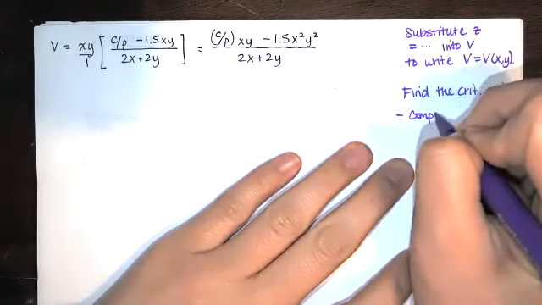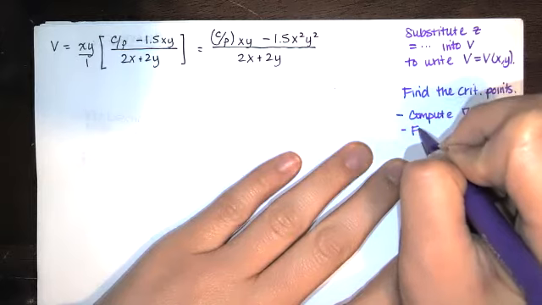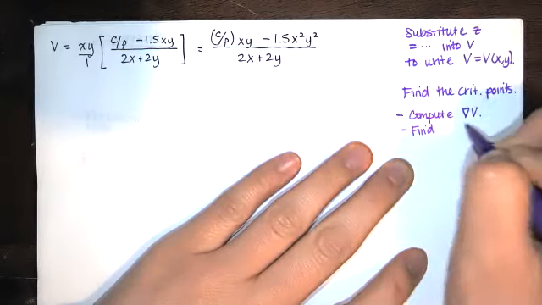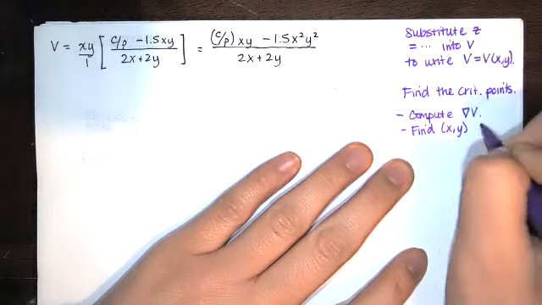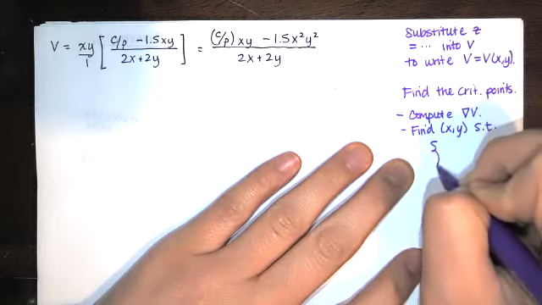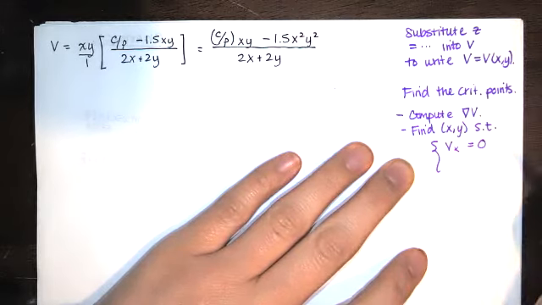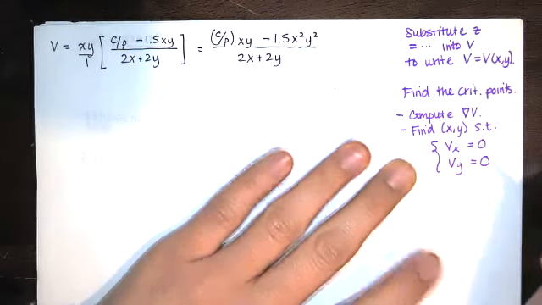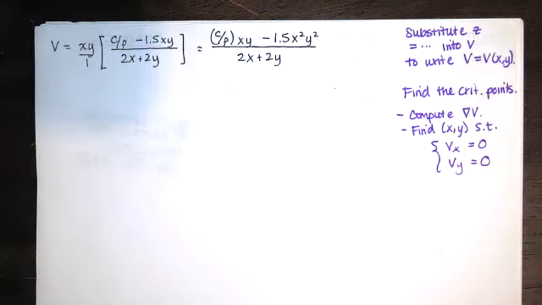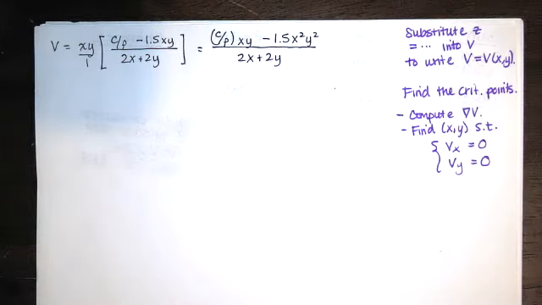So we'll compute the gradient of capital V, and then we'll find critical points. So that's finding x, y such that the gradient is equal to the 0 vector, which means the partial of V with respect to x is equal to 0 and the partial of V with respect to y is equal to 0 at the same time, so that the gradient is equal to 0.